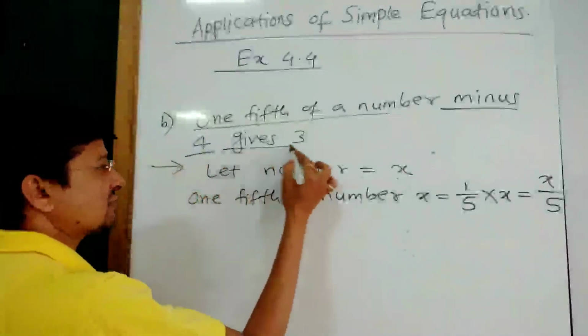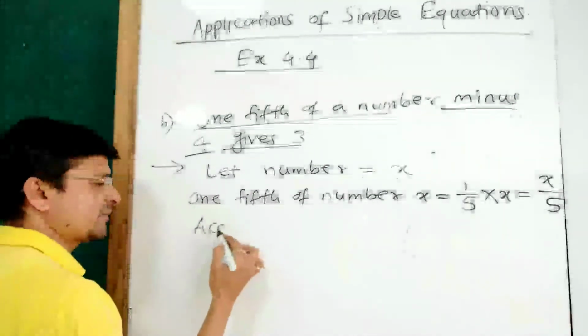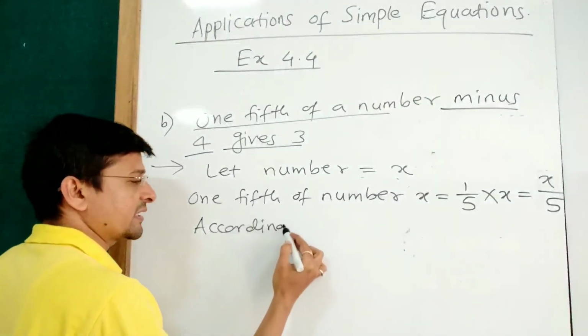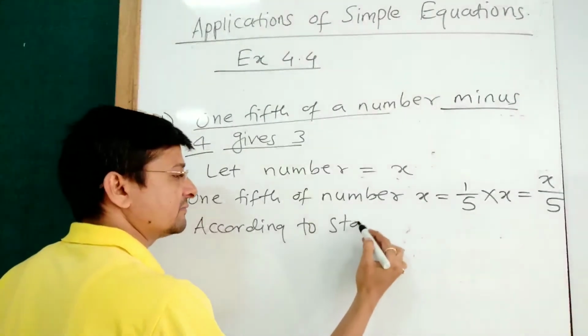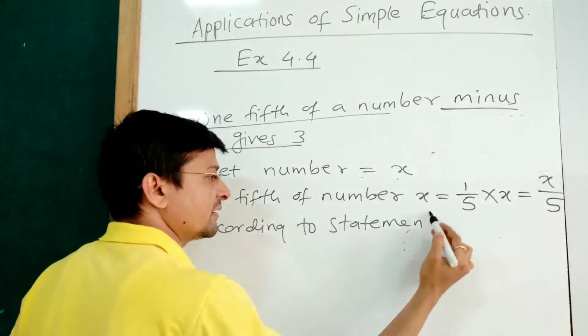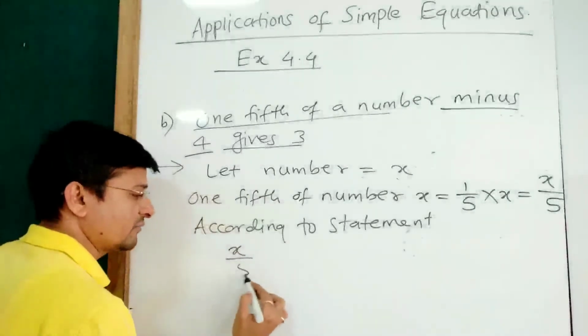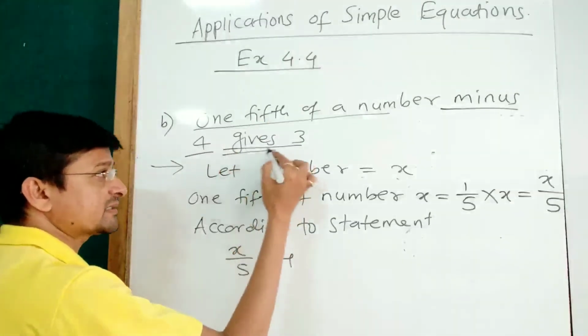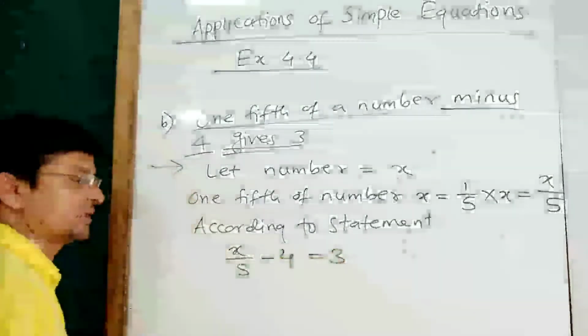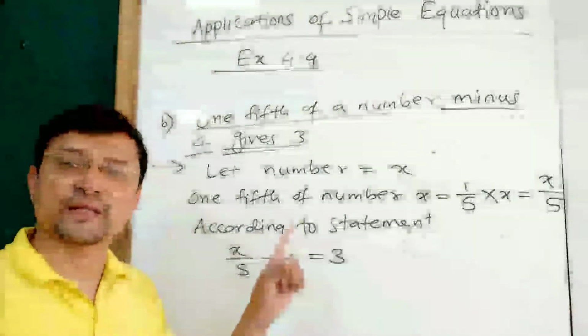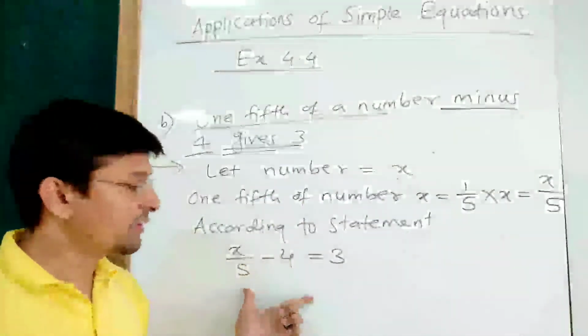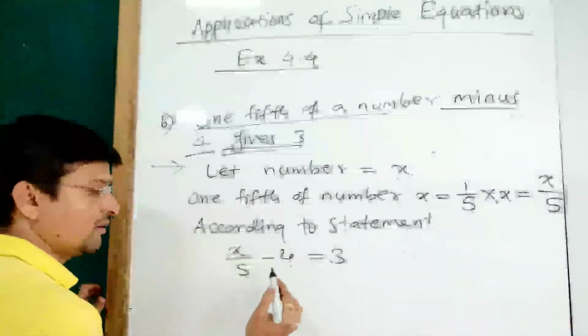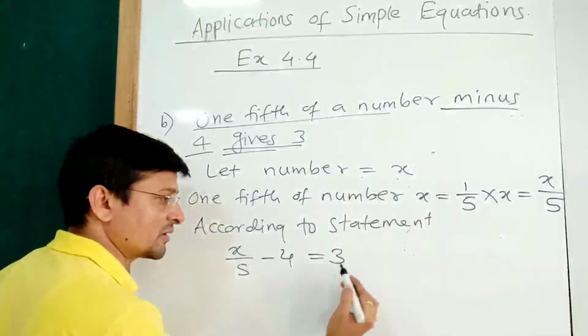Minus 4 gives 3. So according to the statement, here x by 5. Now minus 4, so here minus 4 gives means the result is equal to 3. This is the equation for the given statement. Now here we solve this equation. Minus 4 becomes plus on right hand side.